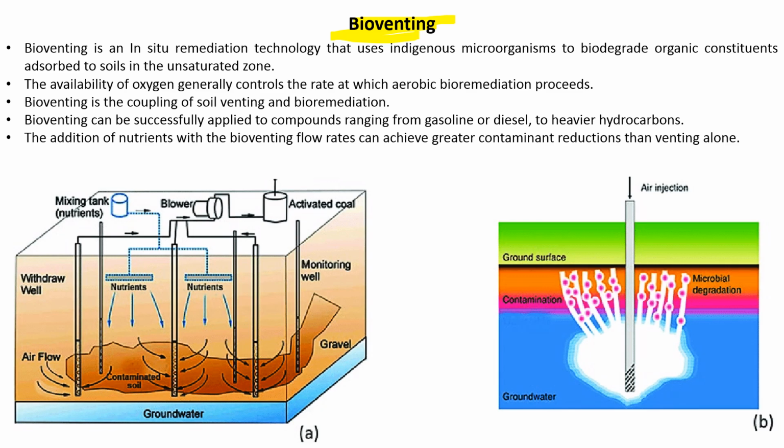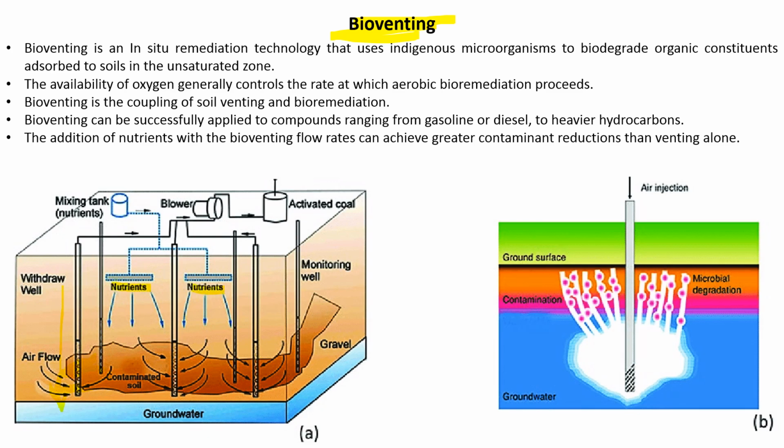So this is the same concept again, but the only addition is we give oxygen, we give air at a flow rate. So these are similar to agitators, where they keep on pumping air into the contaminated site along with the nutrients. So it is very, very similar to biostimulation.